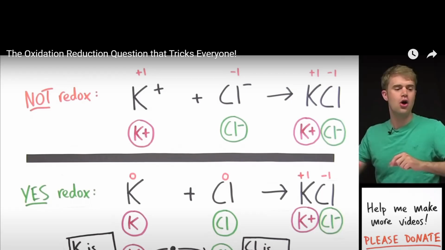Did that make sense? Maybe not. So you start with 19 positives and 19 negatives. When it gives away the electron, now it has one less negative than positive, so the net charge is +1. Is good? Okay, cool.